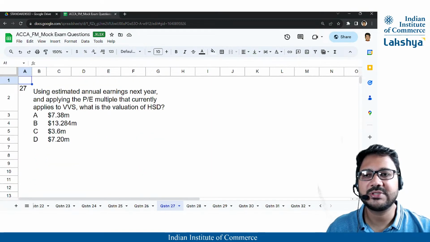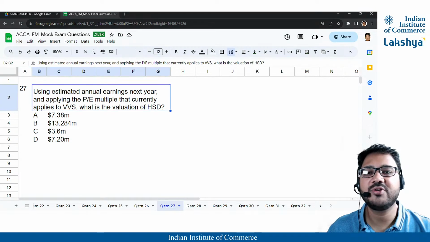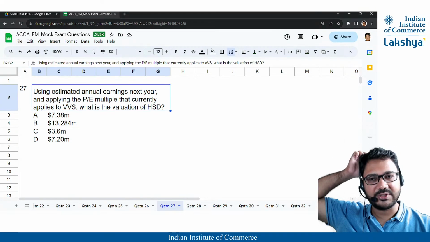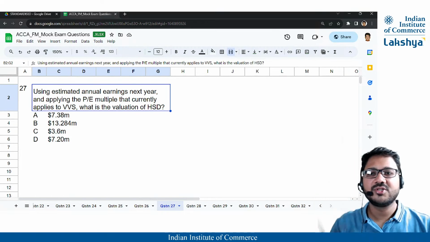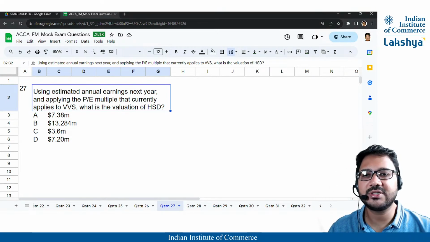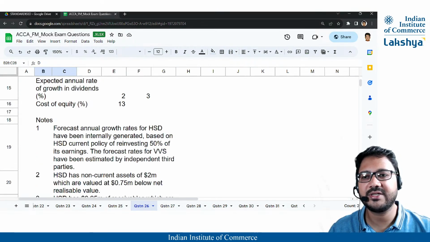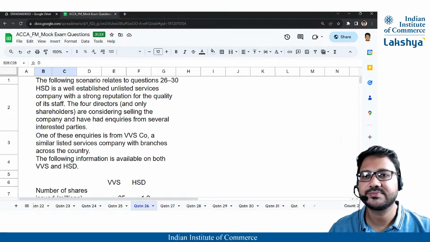Moving on, question number 27. Using estimated annual earnings next year and applying the PE multiple that currently applies to VVS company, what is the valuation of HSD company? So what is the estimated annual earnings next year?